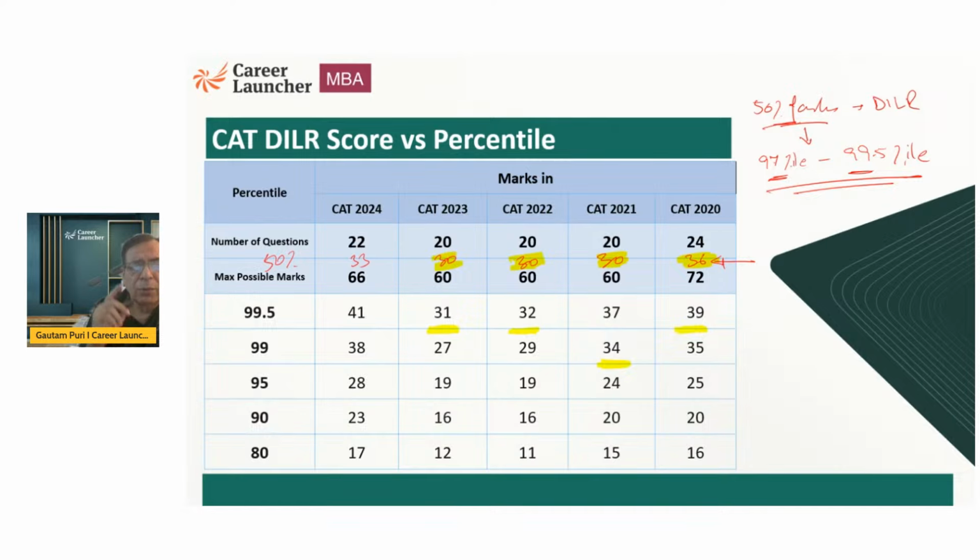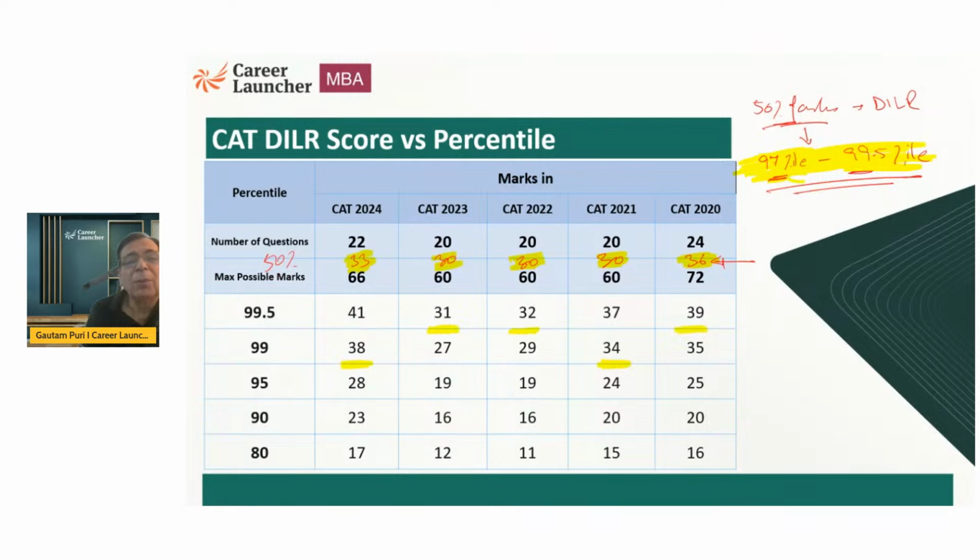In fact, I remember it was 99.44 percentile in CAT 23. And in CAT 24, which had a slightly easier paper, the same 50% marks, or 33, would have got you a 97.5 percentile. So this is what you need to remember. If you are able to get even 50% marks in the section, you will be able to get anything in this particular range by and large.